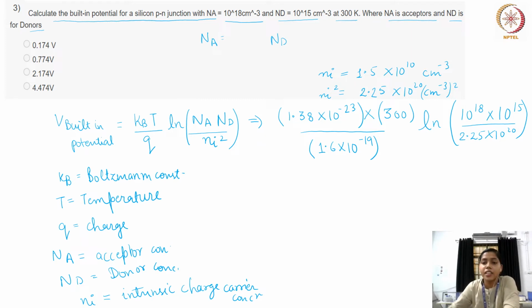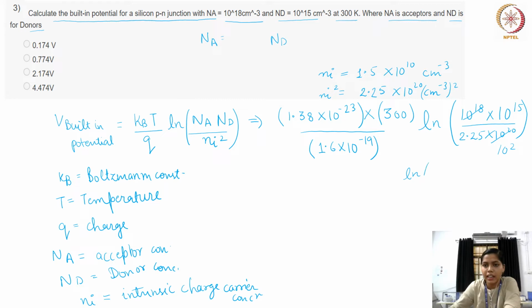Okay, great. See, this is 10 raised to the power 18 and 10 raised to the power 20, so when we cancel it out, 10 raised to the power 2 will be left, and then the 10 raised to the power 15.